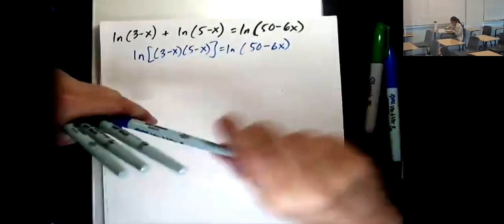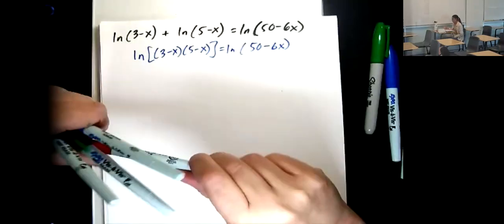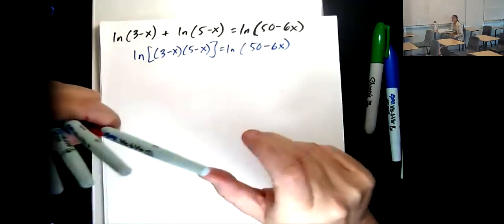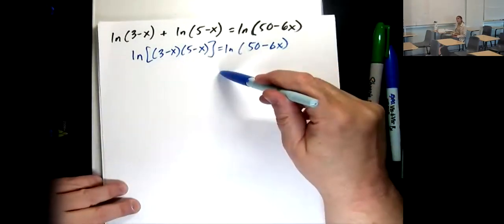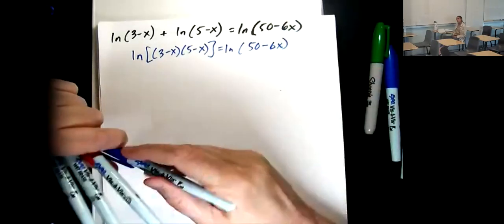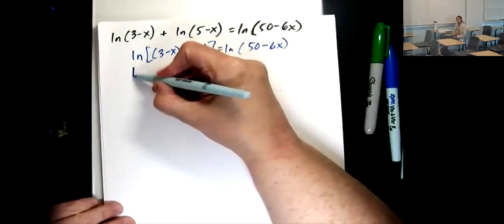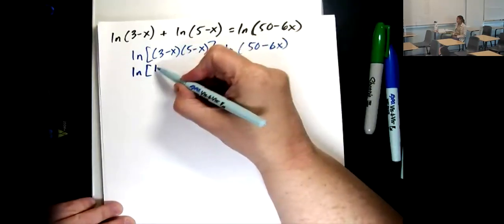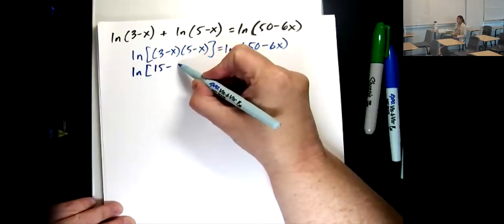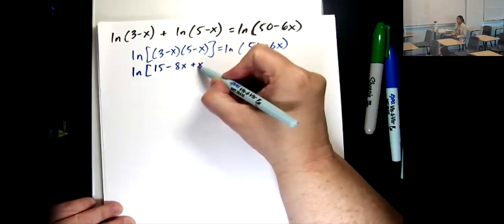Now you can either distribute first or raise both. There's a couple ways for it. We can distribute first, or we can deal with the ln first. We're going to go with distribute first because that's what you were saying. So if we distribute, we have 15 minus 8x plus x squared.